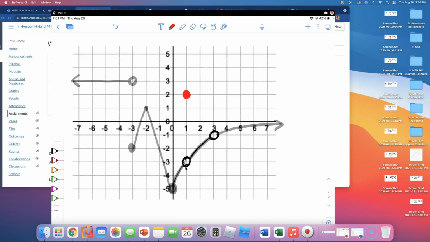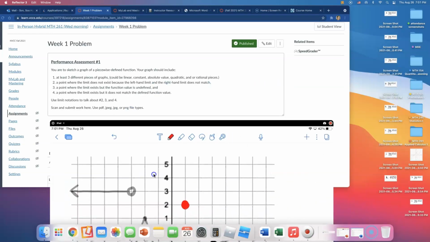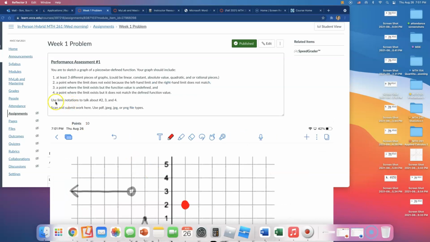So the limit is down at -3, but the function value is up at +2. So you need to have a graph that has some of these things, and if I can check all of them, then that should be good. Now lastly, I just need to use the limit notations to talk about number 2, number 3, and number 4.